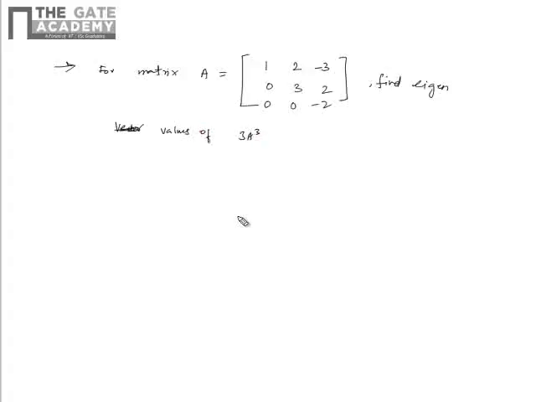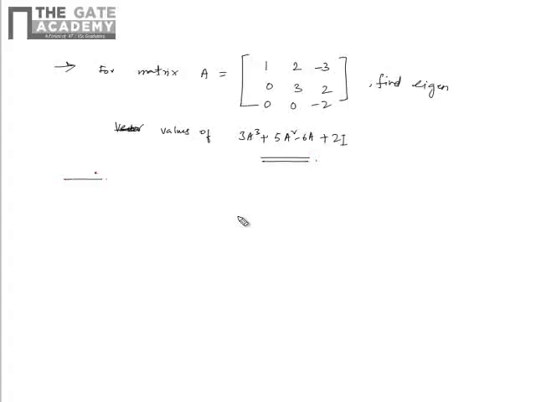For matrix A, which is given as 1 2 minus 3, 0 3 2, 0 0 minus 2, find eigenvalues of 3A cube plus 5A square minus 6A plus 2I. So we have to evaluate the eigenvalues of this, based on the properties.